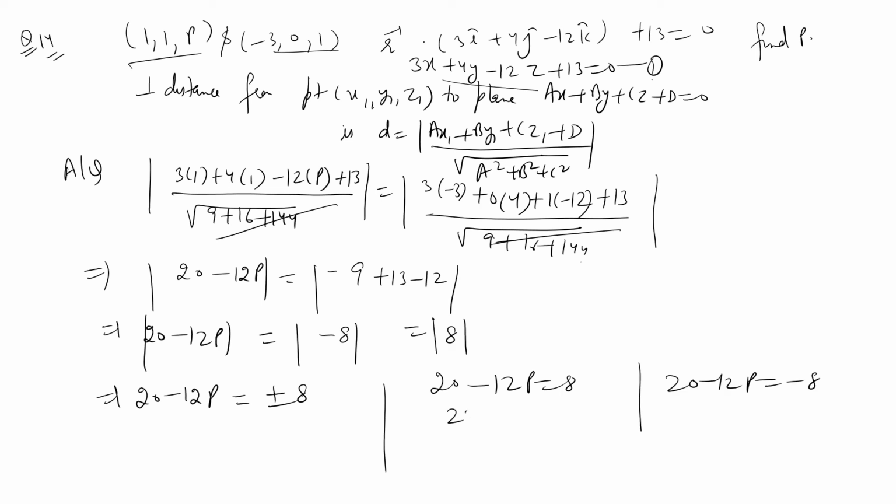So 20 minus 8 is 12p, so we get p as 1. And 20 plus 8 is equal to 12p, so p is 28 by 12. Okay, so this is 7 by 3, as 4 3s are 12 and 4 7s are 28. So p is 1 and 7 by 3.